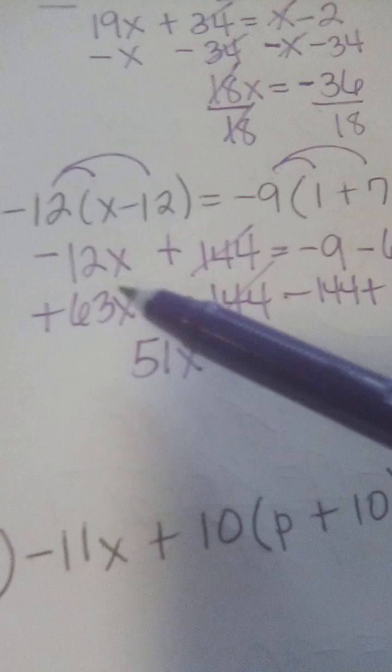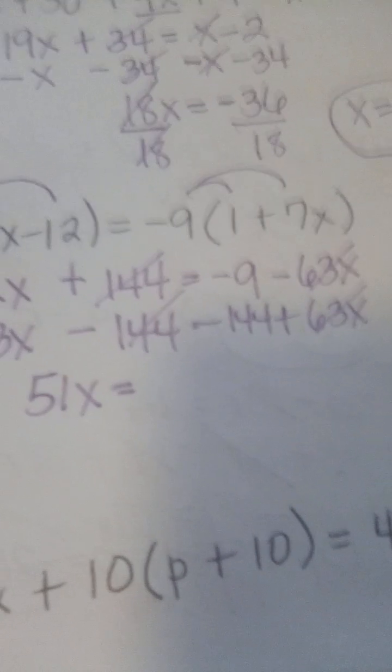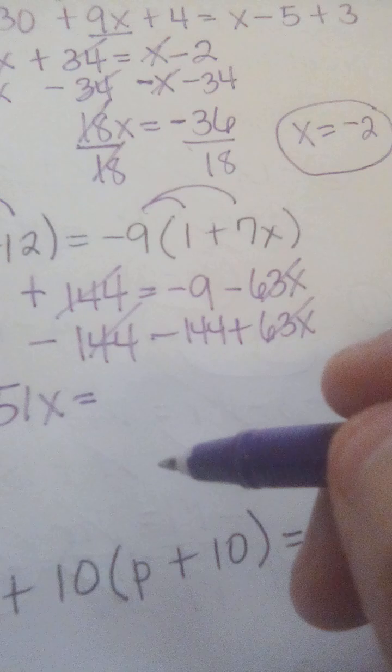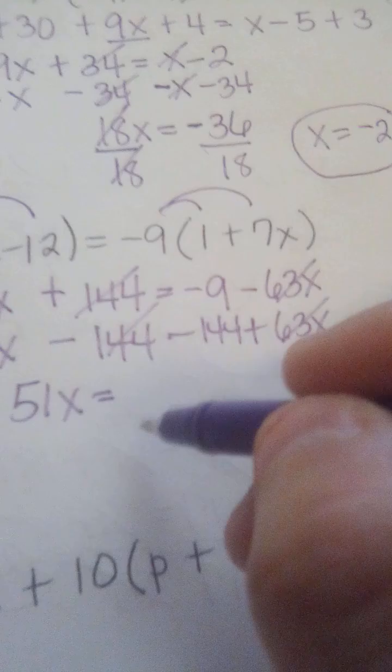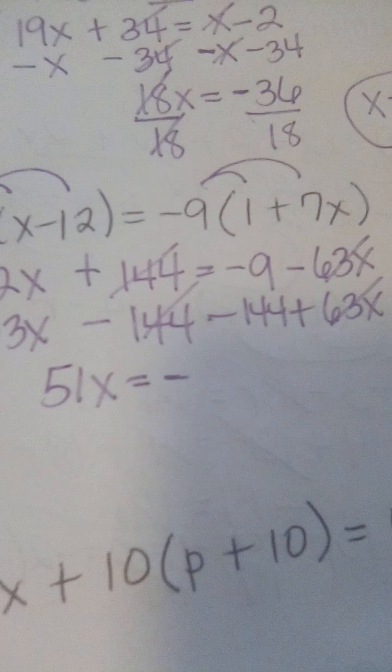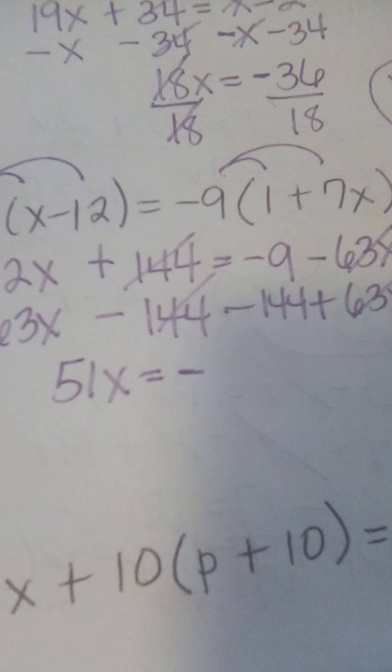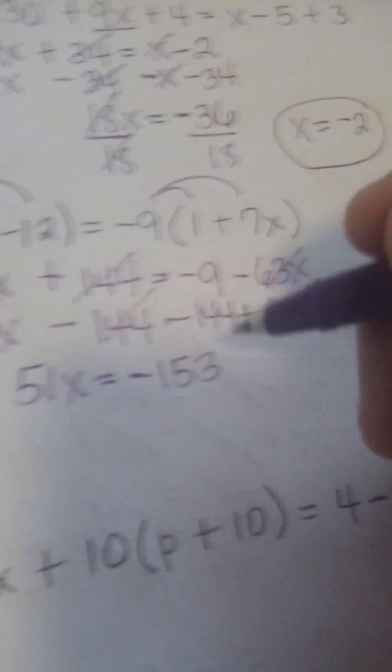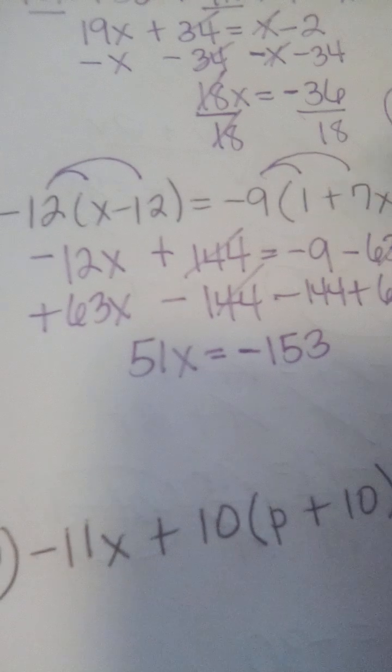Okay, 63 is the bigger number, so that's going to be a positive, right? All right. So far, so good. We have a negative 9 minus 144. The answer will be a negative for sure. What is 9 plus 144? 153, right? Okay. So far, so good, right?